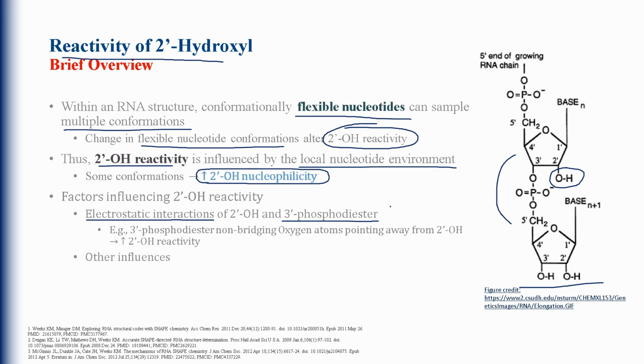So, for example, if you have the 3' phosphodiester non-bridging oxygen atoms, these right here, pointing away from the 2'-hydroxyl, then this would increase the 2'-hydroxyl's reactivity. There are other influences, and you can check the papers cited below for other ways in which the 2'-hydroxyl's reactivity can be increased depending on certain interactions between the 2'-hydroxyl and the environment.